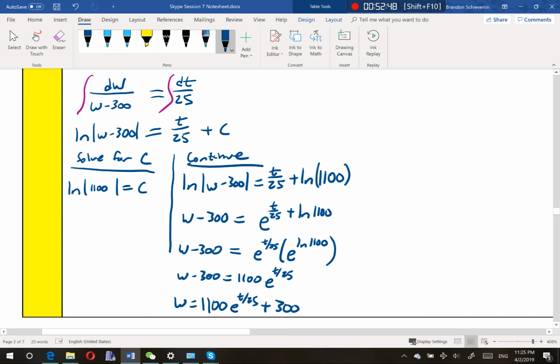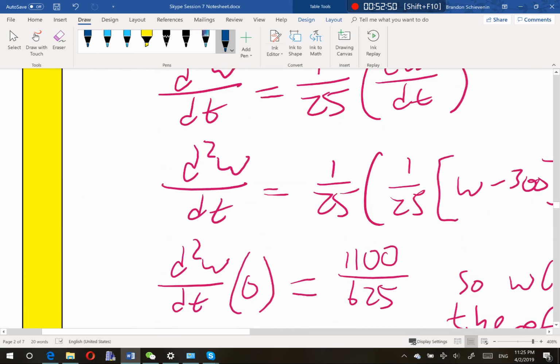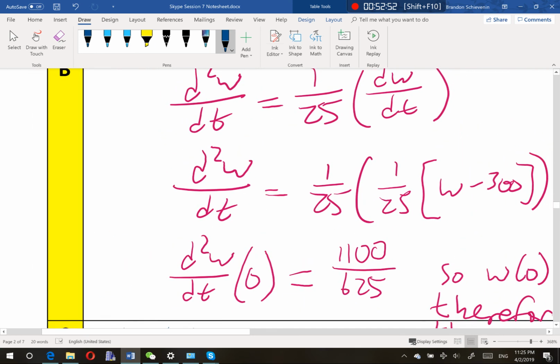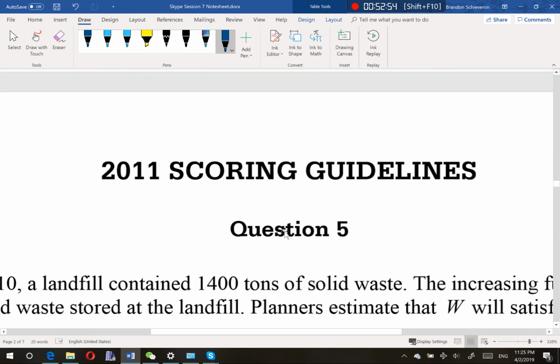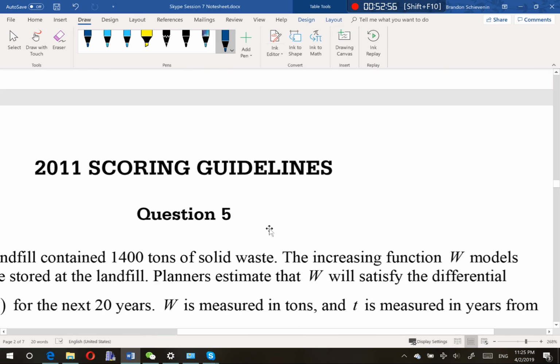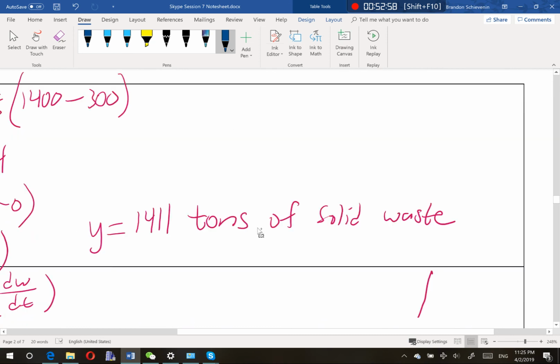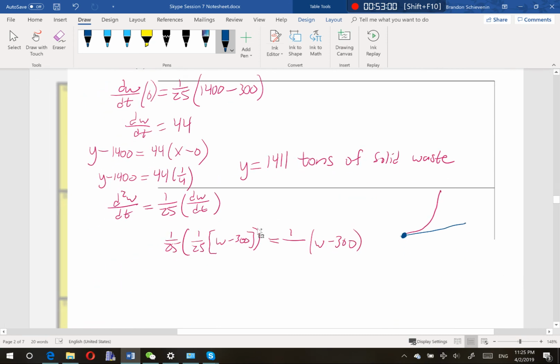Do we have a domain for this? Do we still need the absolute value? Let's scroll out so I can see for a second.